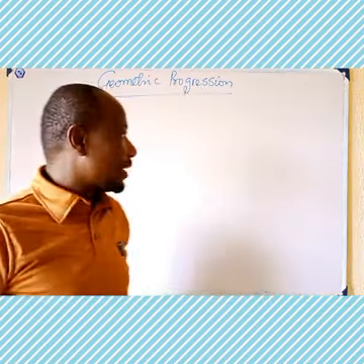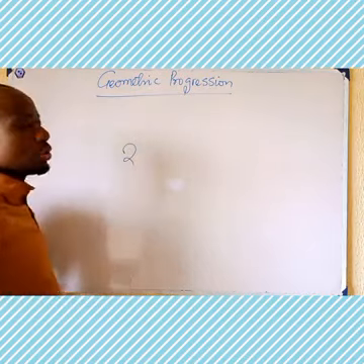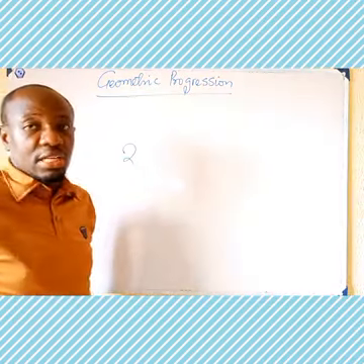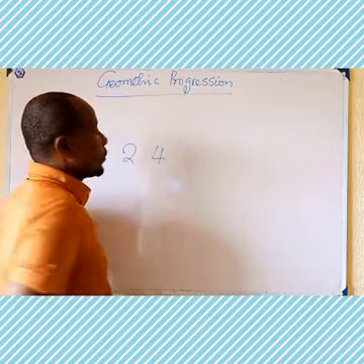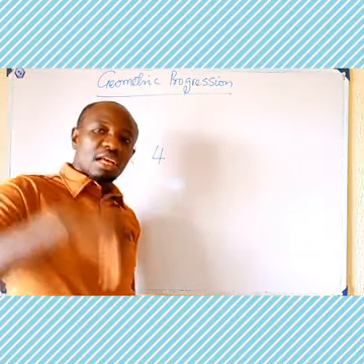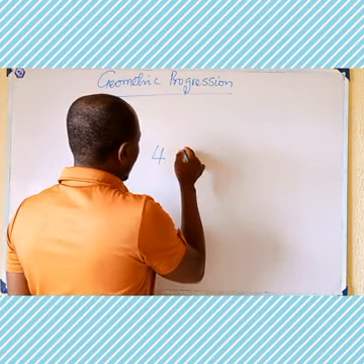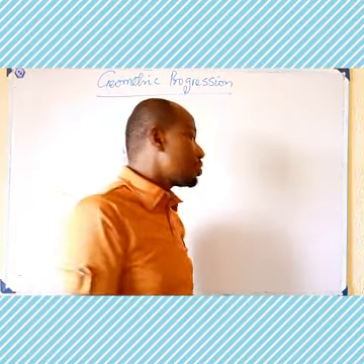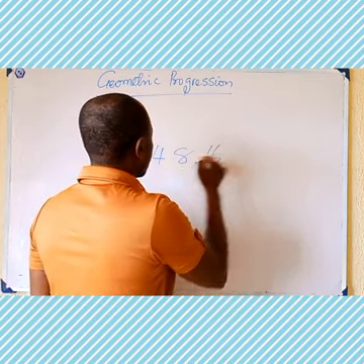For example, if the first number is 2, to obtain the next number, you multiply by a constant ratio, let's say 2, to give you 4. You multiply again by the constant ratio, 2, to give you what? 8. Multiply by the fixed number again to give you what? 16.